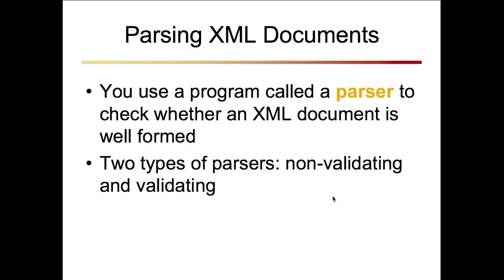You use a program called a parser to check whether the XML document is well-formed. There are two types, non-validating and validating. So it could be well-formed but invalid. When you create your parser, who looks at XML code? Your web browser doesn't, although you can show the XML code, which is the other thing.